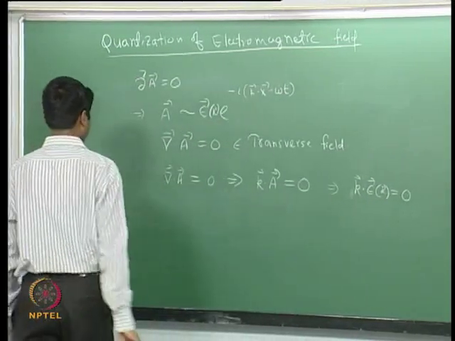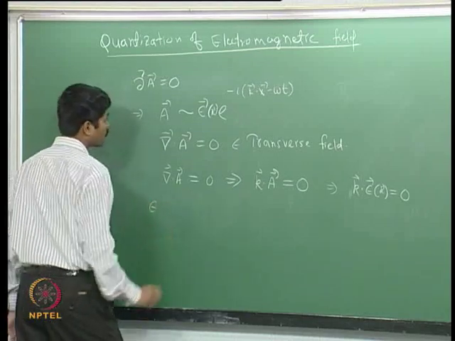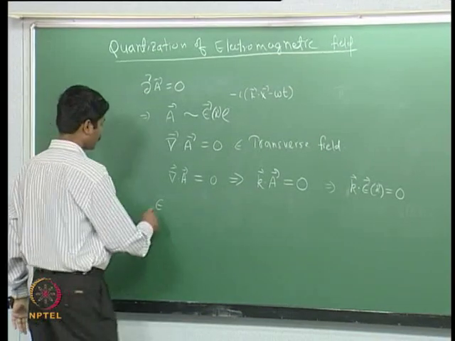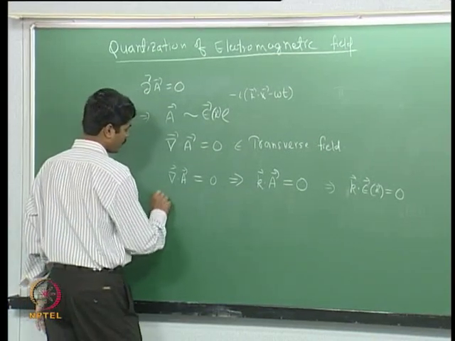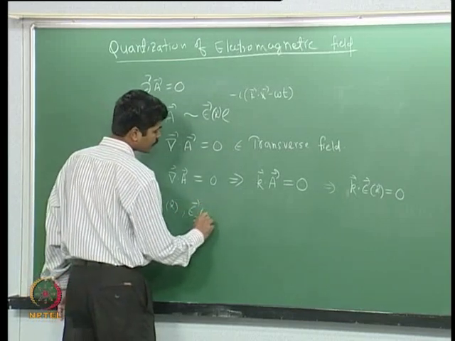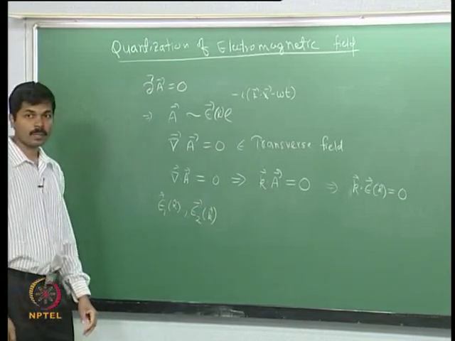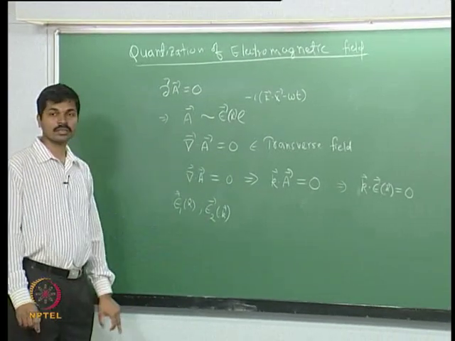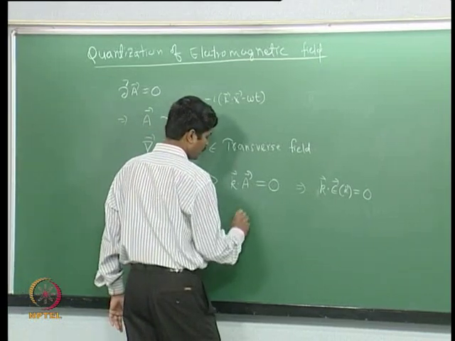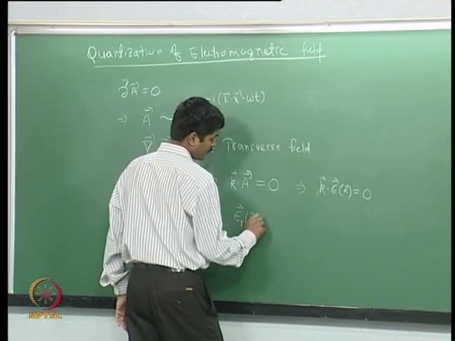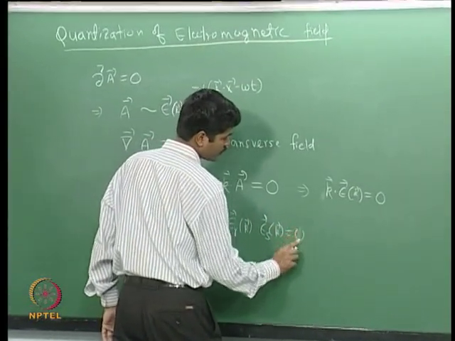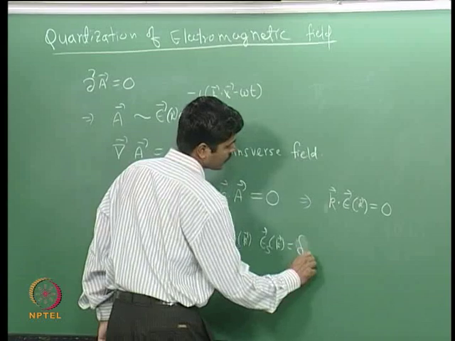Okay. So, this admits 2 linearly independent solutions. I will denote them to be epsilon 1 of k and epsilon 2 of k. I can choose a linear combination such that they are orthogonal to each other. So, epsilon r of k dot epsilon s of k equal to delta rs.